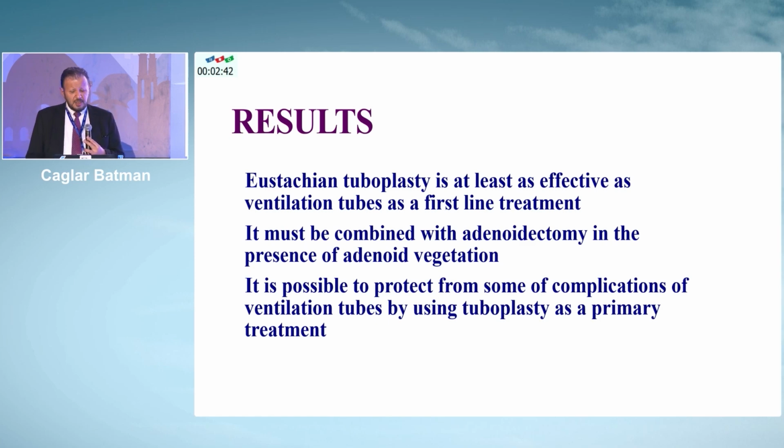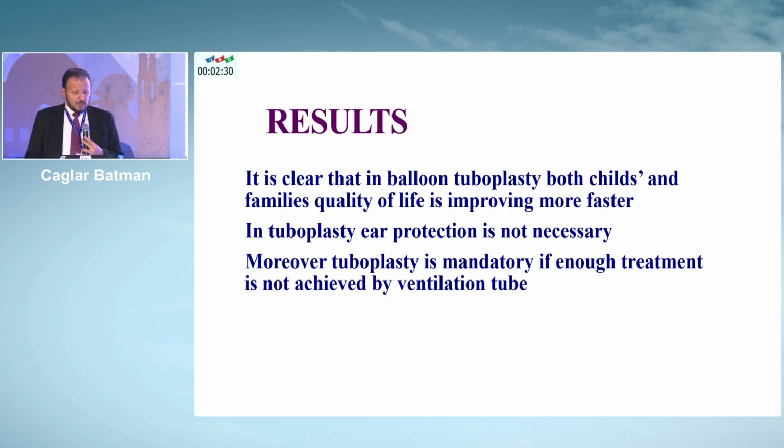It must be combined with adenoidectomy in the presence of adenoid vegetation. It is possible to protect from some of complications of ventilation tubes by using tuboplasty as a primary treatment. So it is clear that balloon tuboplasty, both child's and family's quality of life is improving faster.